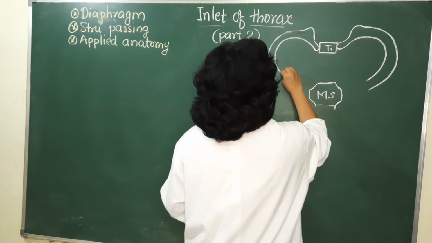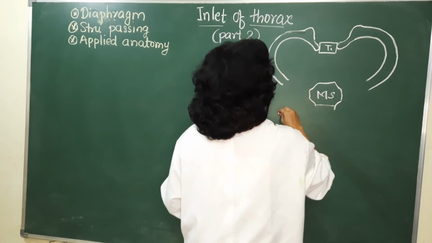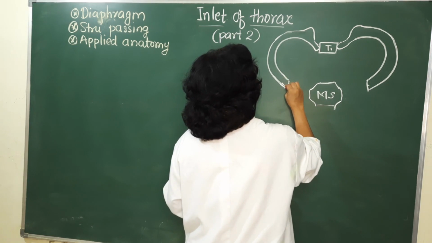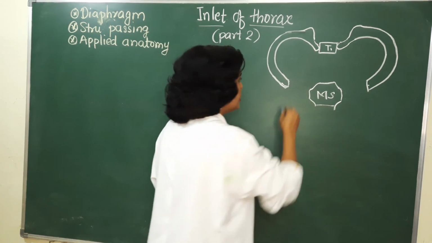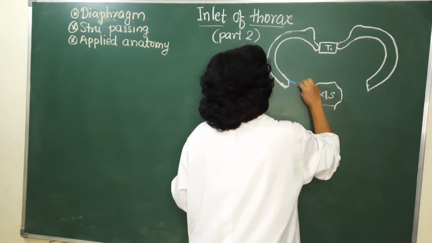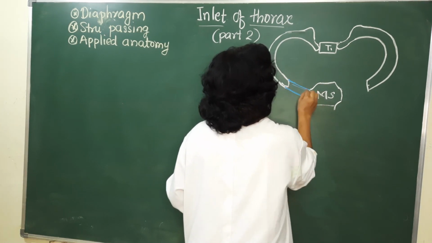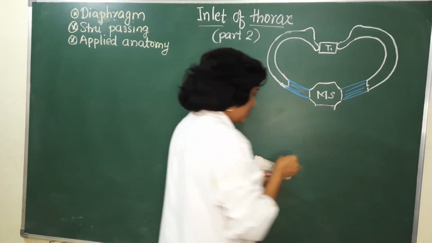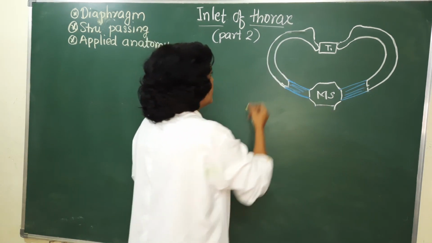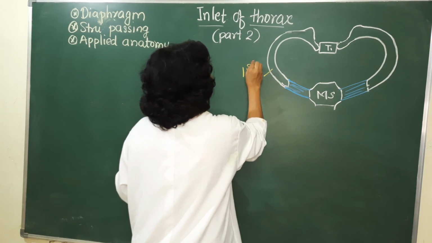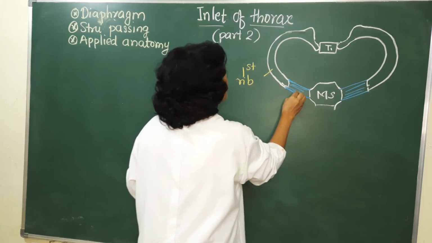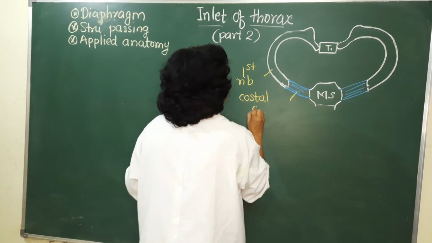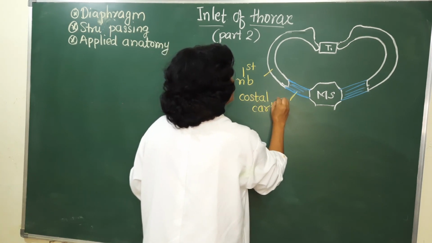This first rib is connected to the sternum, that is manubrium sterni, through its own costal cartilage. So we will label this as first rib, and this is the costal cartilage of the first rib.